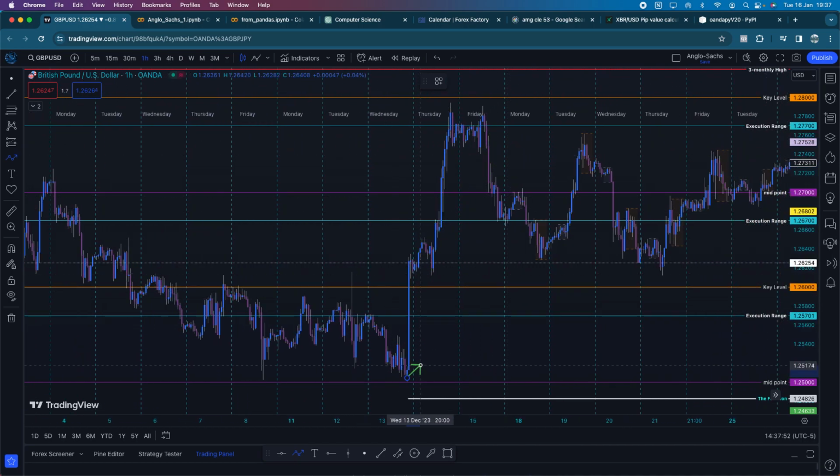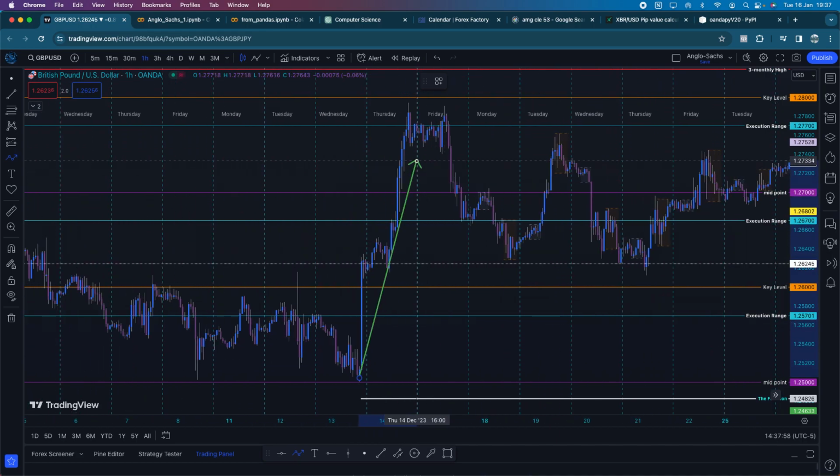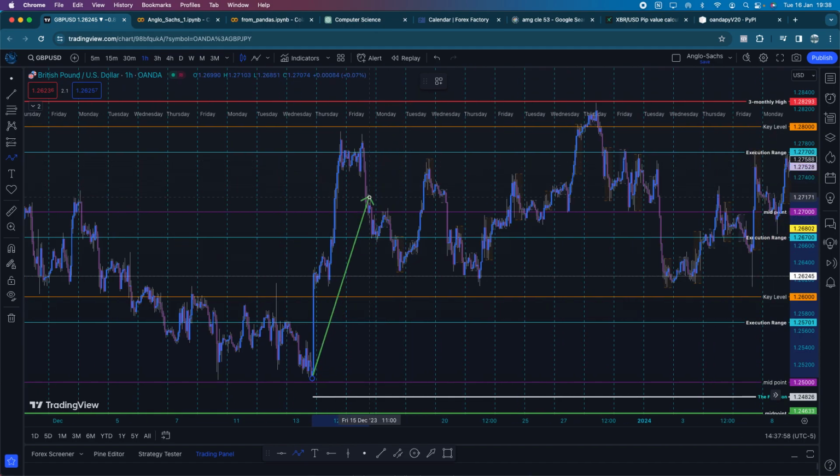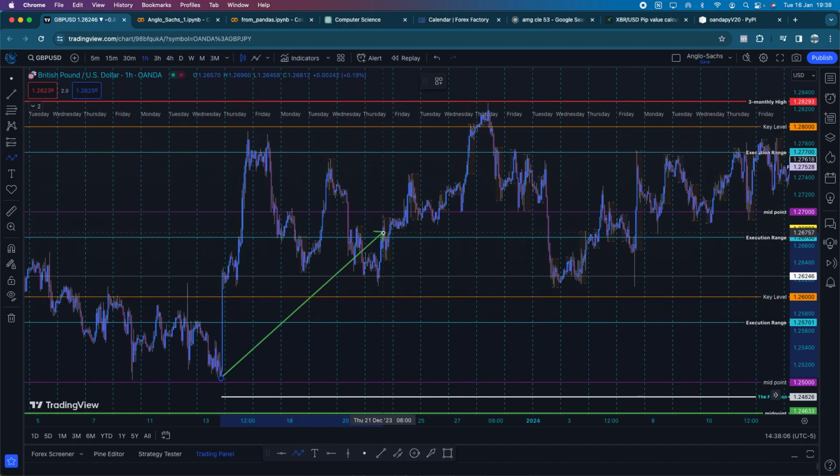So that news event was a catalyst to drive the price in one direction. After that, the market was unable to hold above this key level, and it starts to trade down.